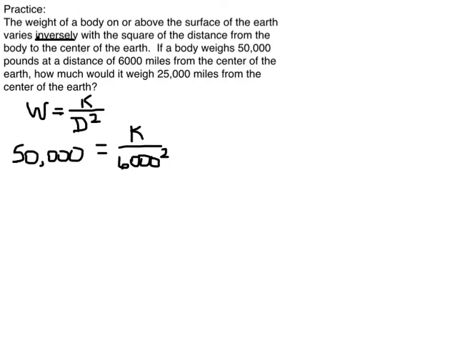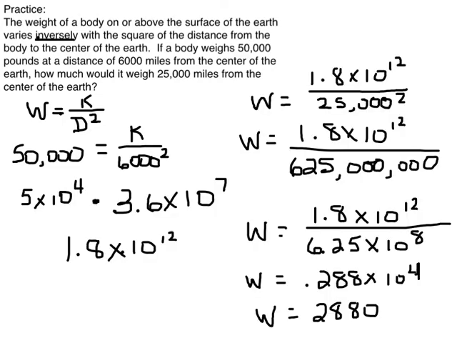Okay, so we're going to have to do our math here to solve for K. This one actually required quite a bit of math and going in and changing very large numbers to their scientific notation equivalent, and then working with those numbers.